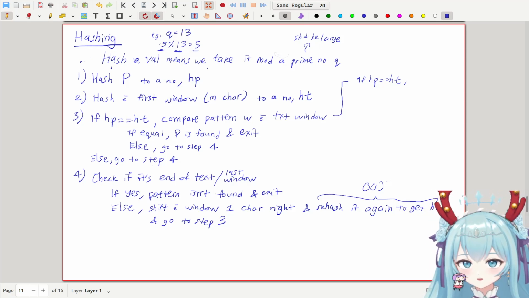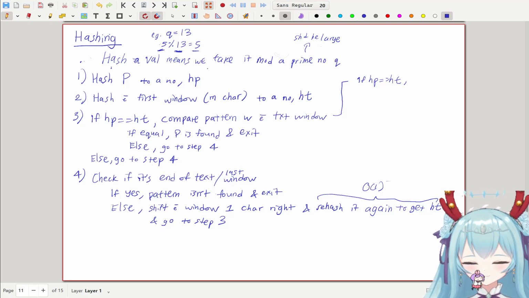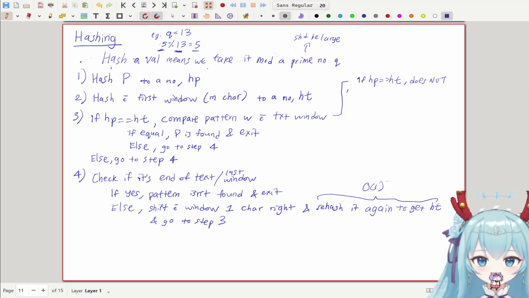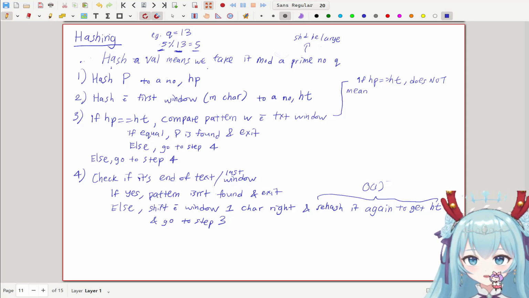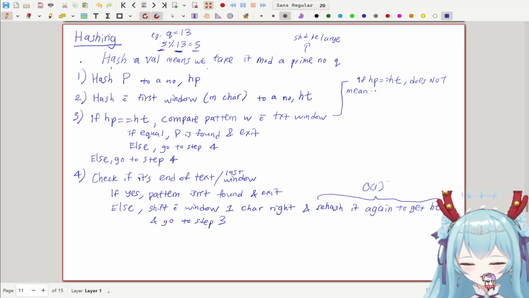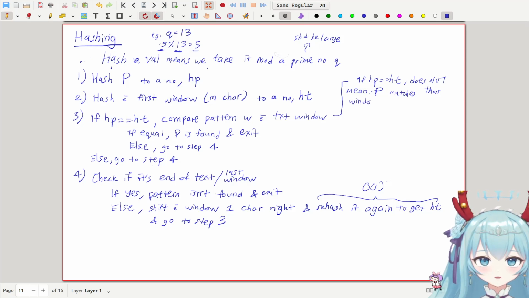And the answer is no. It does not mean that p matches that window.